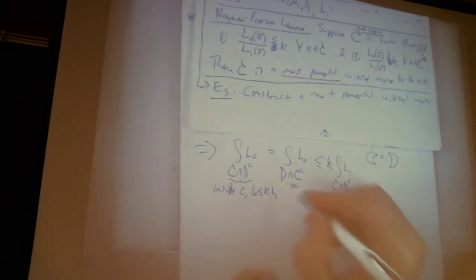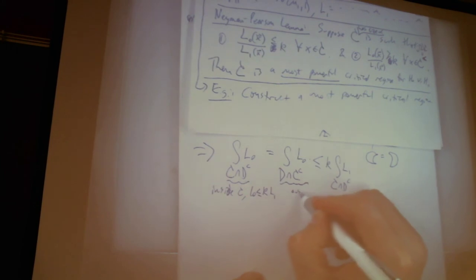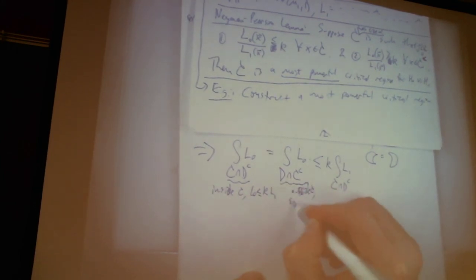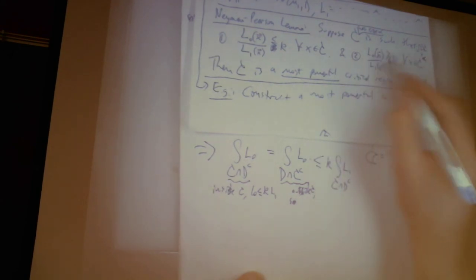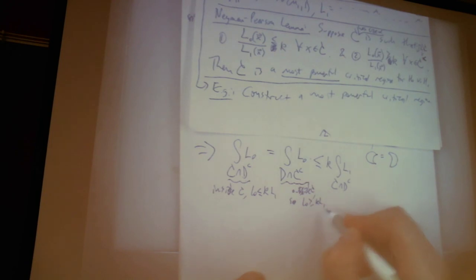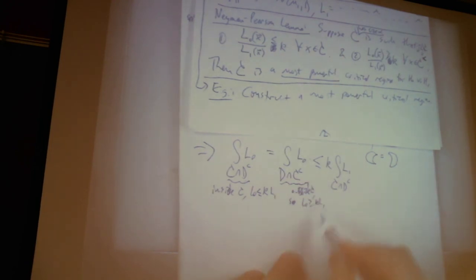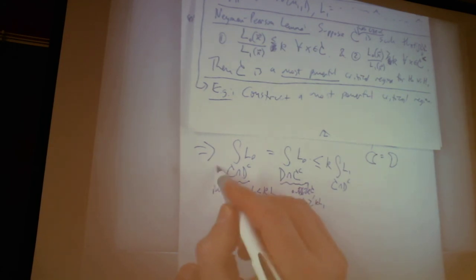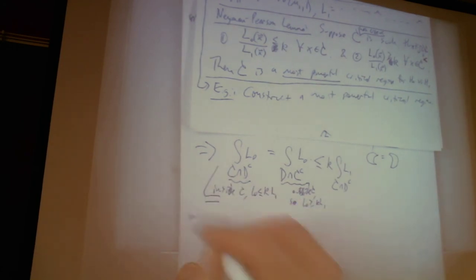On the other hand, if we're outside C, the ratio goes the other way. Then L0 is bigger than that same constant times L1. So a lower bound for this integral is the integral over D intersect C complement of the same constant times L1.